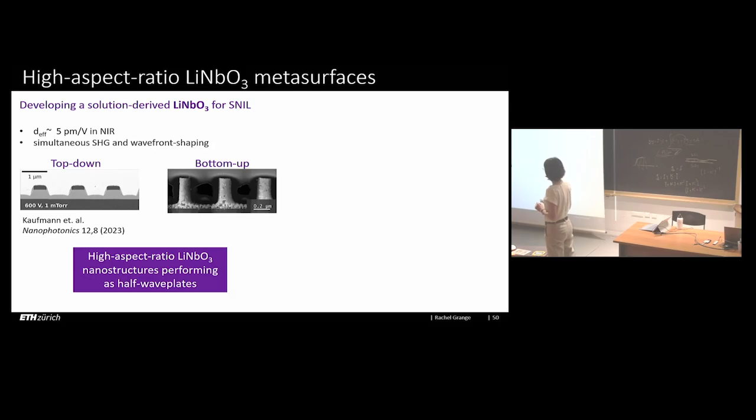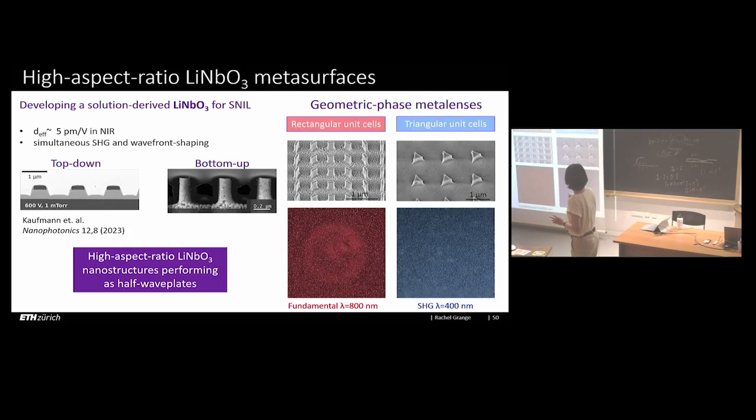This is top-down lithium niobate gratings. You see you have sidewall angles here that are not straight. The aspect ratio is not that high because the etching is so difficult. And when you use nano-imprint barium titanate, you see it's polycrystalline, right? In particular here, inside the pillar, it's a bit better, but you have a much higher aspect ratio, which allows us to make, for instance, geometric phase meta lenses.